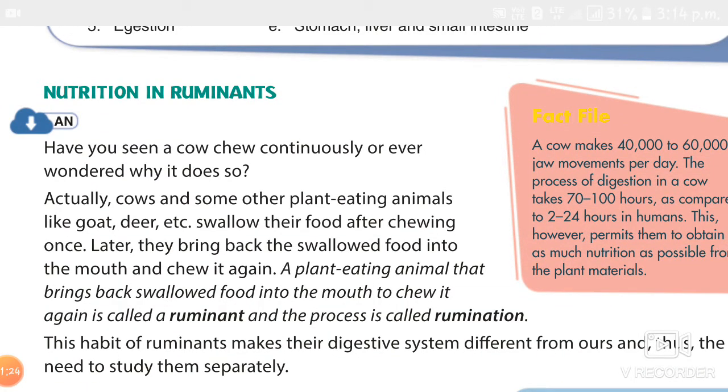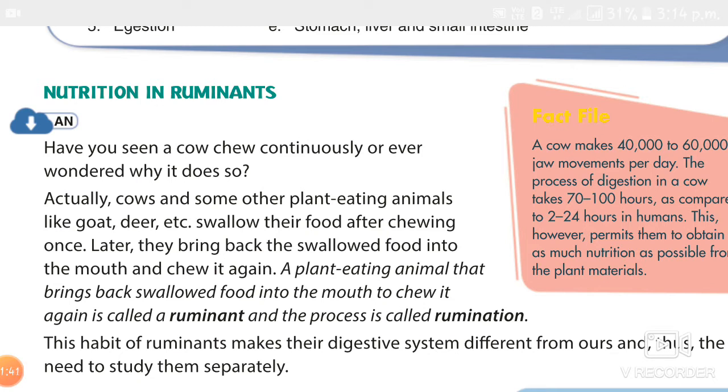Those who don't have the book, you can copy this answer. Repeat it everyone: a plant eating animal that brings back swallowed food into the mouth to chew it again is called a ruminant, and the process is called rumination.